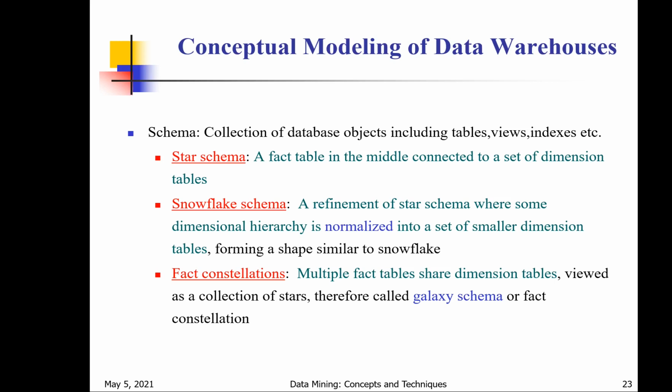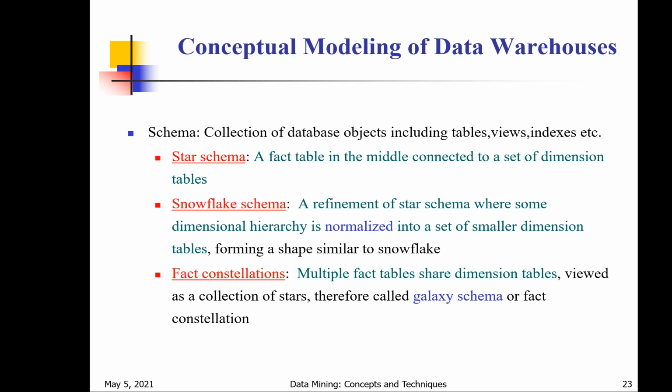Whereas in star schema and snowflake schema only one fact table is there, here two or more fact tables are there. These fact tables use the same dimension tables commonly, some common dimension tables. That's why it is called a fact constellation schema.